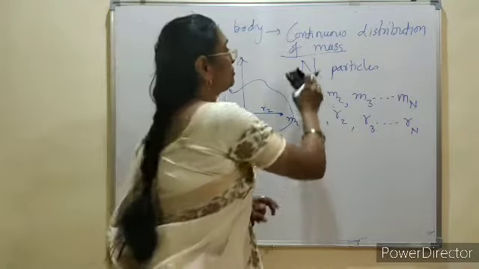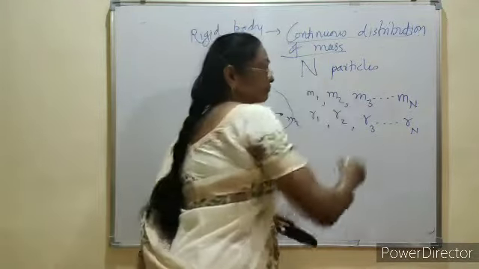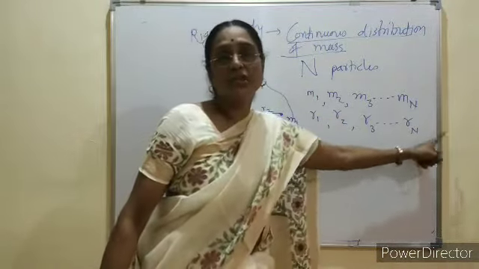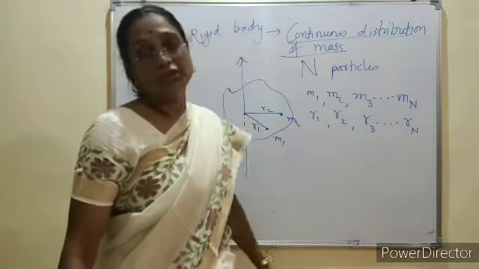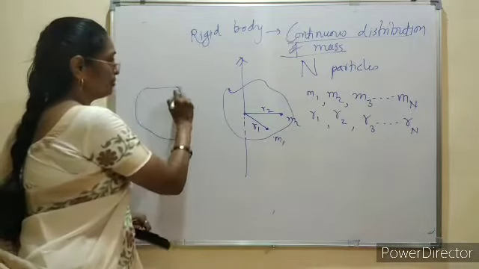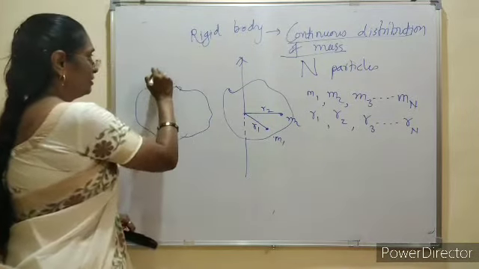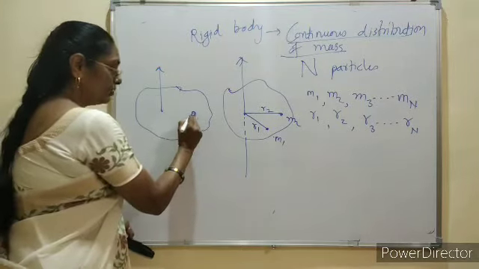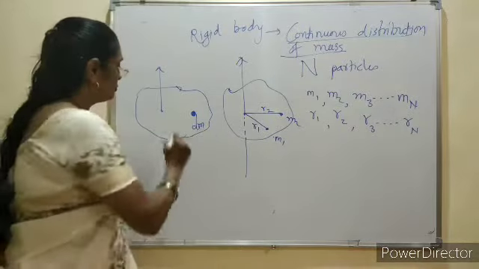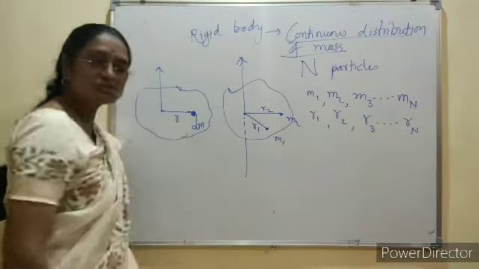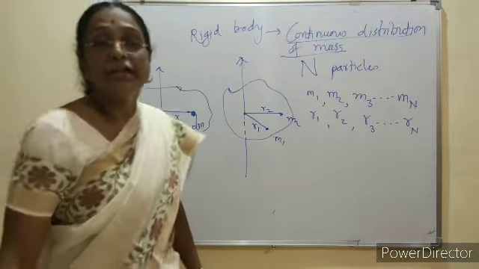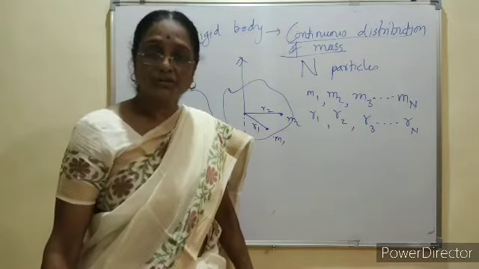Therefore, instead of taking m1, m2, m3, mn situated at distances r1, r2, r3, rn, we show the same irregular body, and we can show a small mass dm which is situated at perpendicular distance r, and for that we can write the expression for moment of inertia.